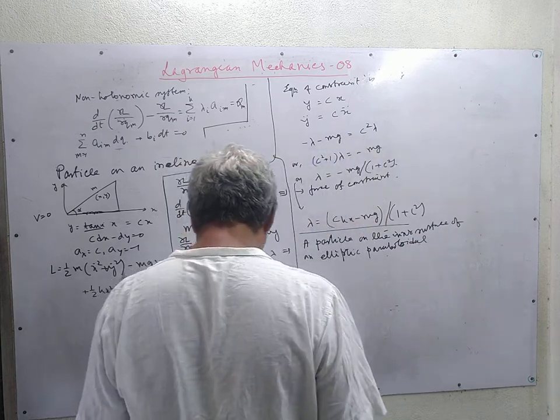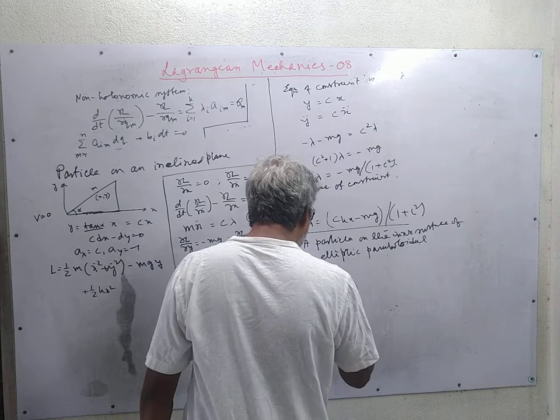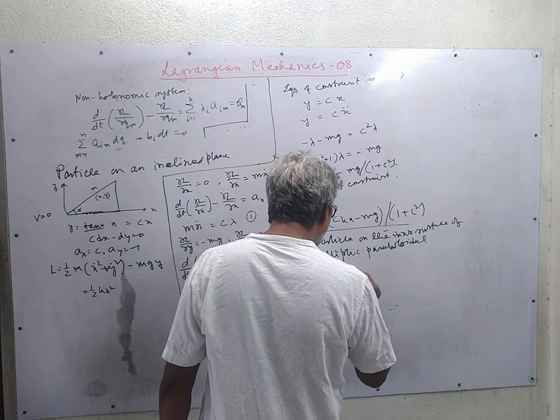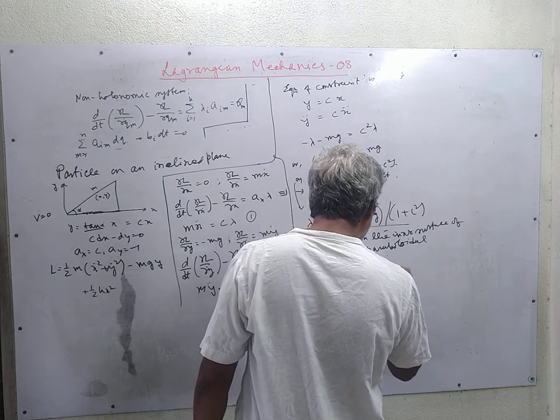The equation of the elliptic paraboloid is given by a x square plus b y square is equal to c z.